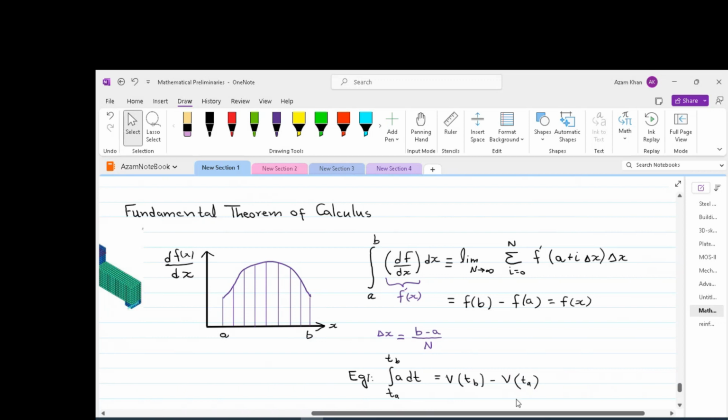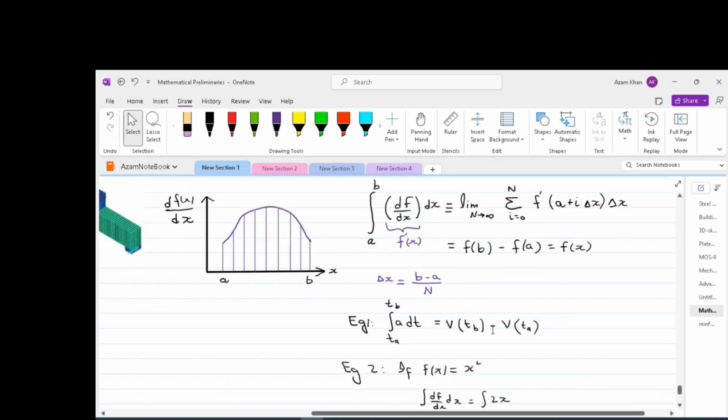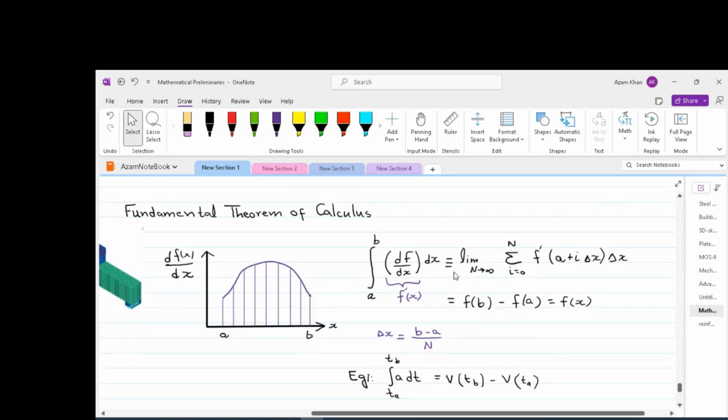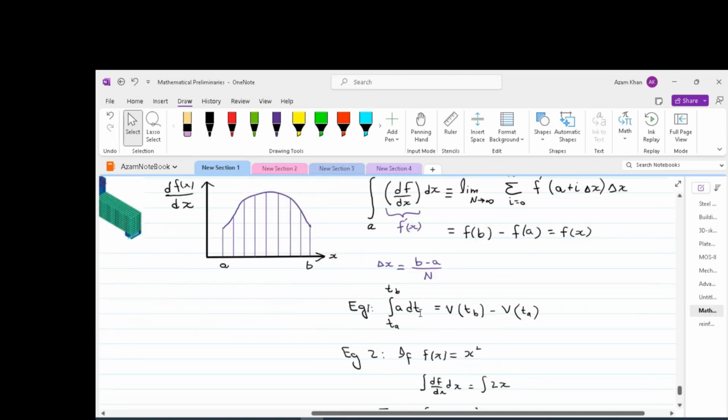That is actually the fundamental theorem of calculus. In other words, the dx cancels with dx and we get df, and df is f of b minus f of a. Let us see how the fundamental theorem of calculus gives us values of different integral functions.